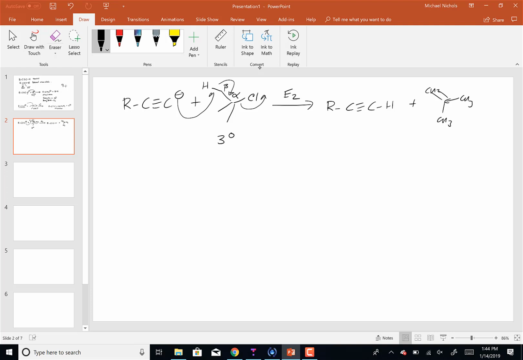So here's my question. How should we treat this alkyne? Should we treat it like NH2, where it can get to any of the hydrogens and it's going to form the most substituted product? Or are we going to treat it as if it's sterically hindered and it can only get to the hydrogen that's least sterically hindered? What do you think?